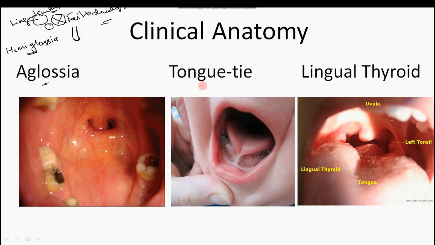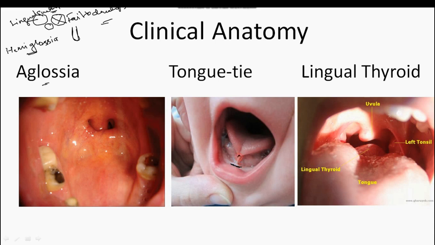Another congenital anomaly is the tongue tie. Here you can see this is the frenulum of the tongue, and this frenulum gets attached to the anterior aspect of the lower ridge. Clear?